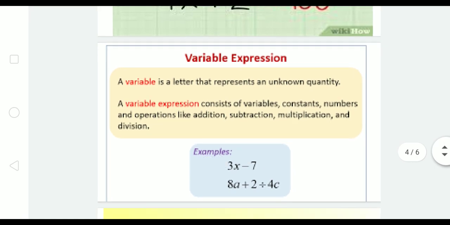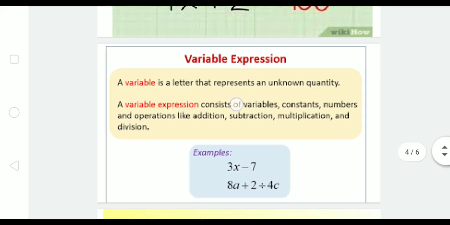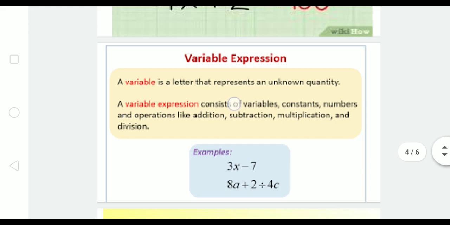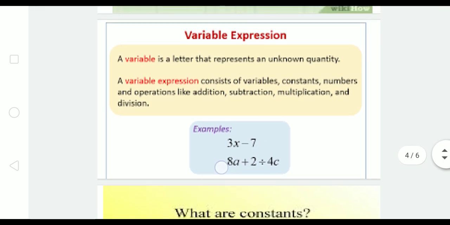And now come to the next term. What are variables? Variables are those which can vary, which can be changed, which do not have fixed values. They can be shown by any alphabet, for example X, Y, Z, A, B, C, P, Q, R, S, T, and so on.